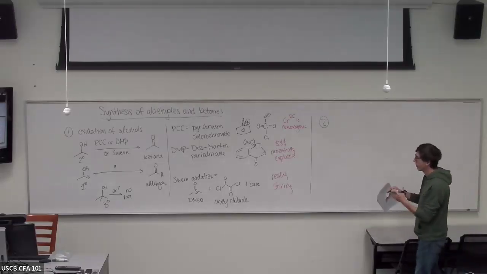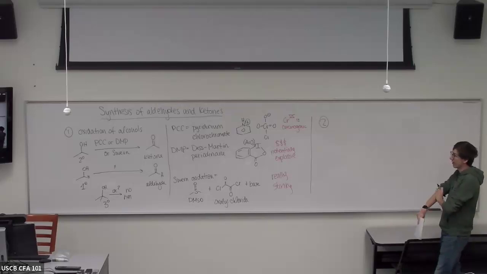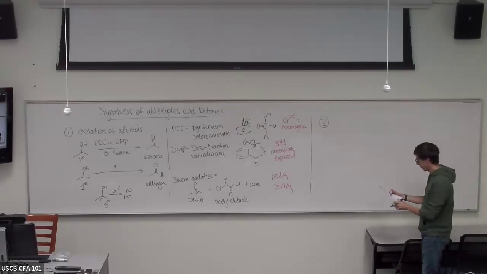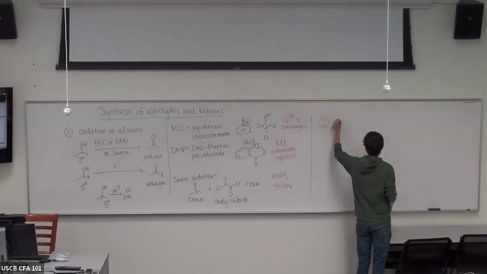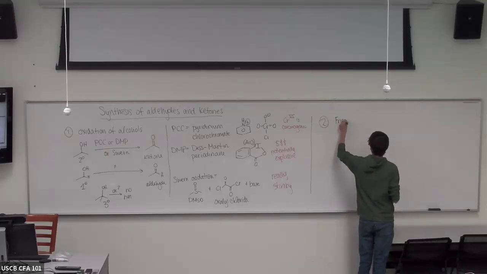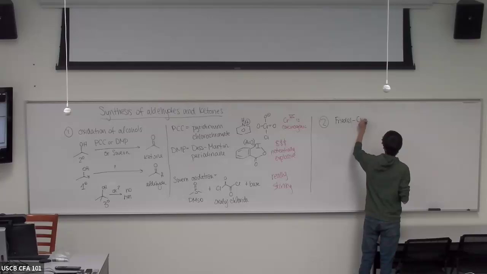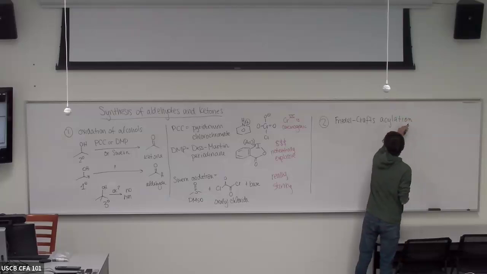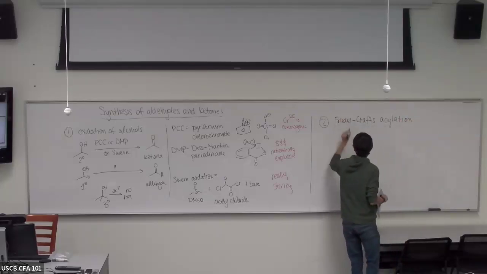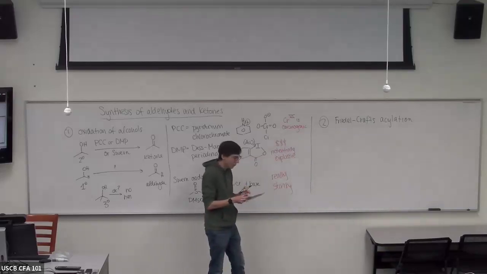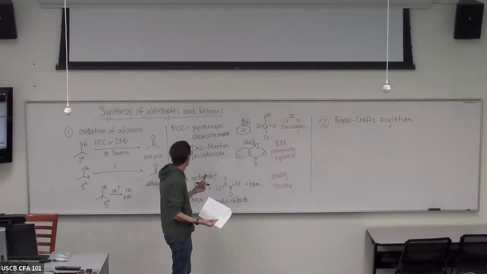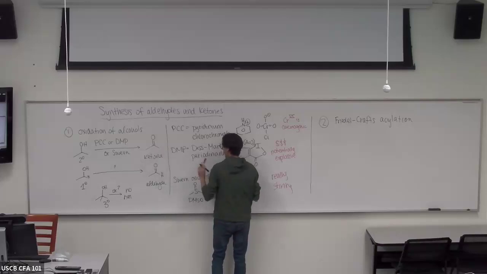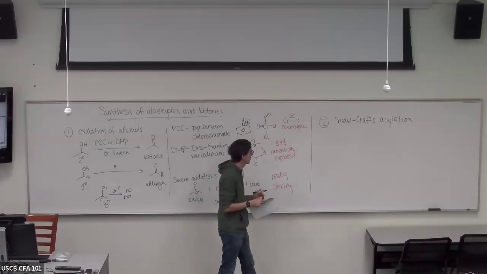But you may not have an alcohol just sitting there to be oxidized. So another option we've already talked about is the Friedel-Crafts acylation. Friedel-Crafts alkylation does not give you a ketone of any kind.